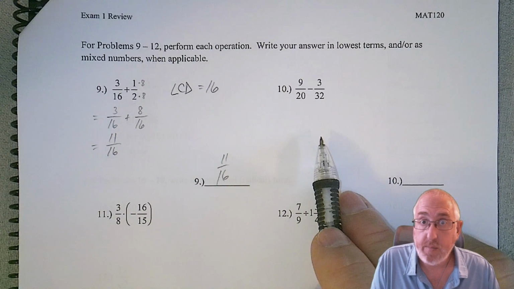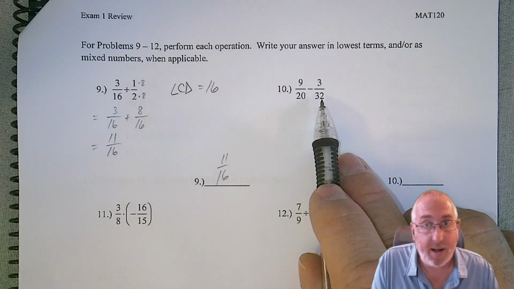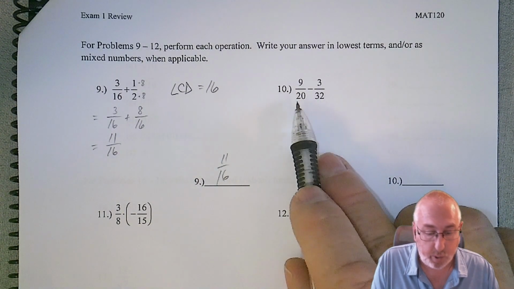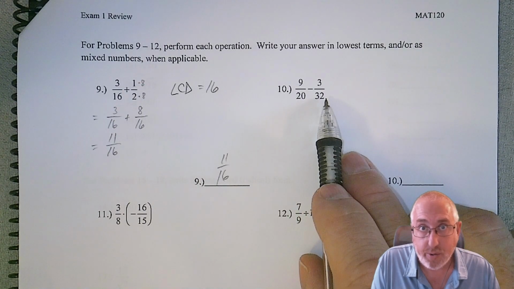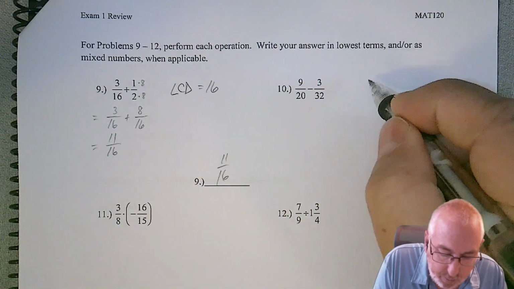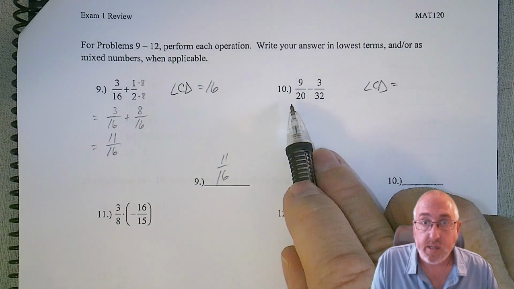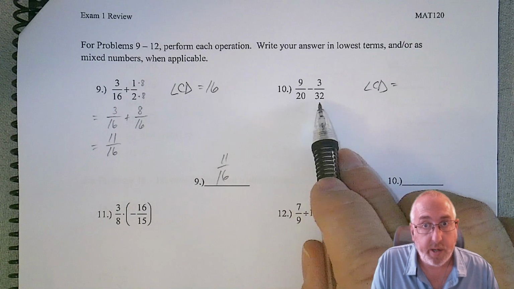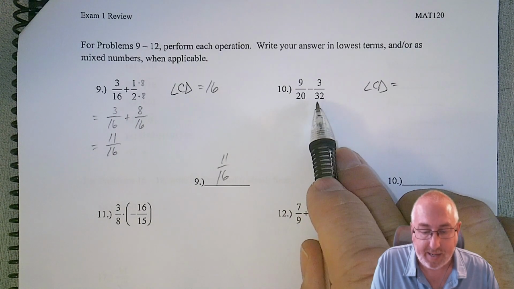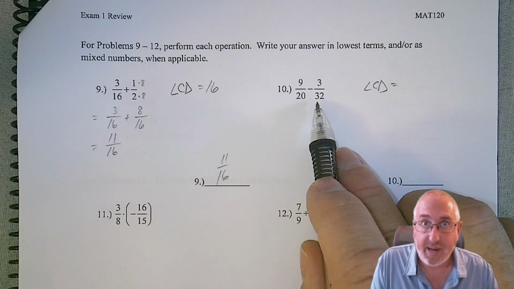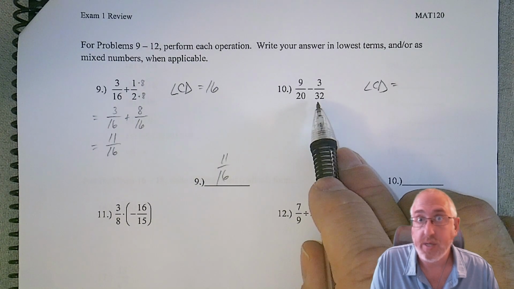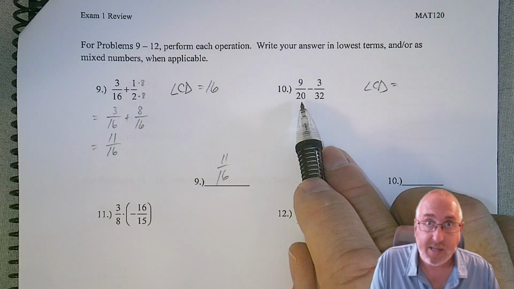Now, for something like number 10, the denominators are not nice because 20 does not go evenly into 32. So when we find our LCD, we have to do a little bit more thinking. The trick is, we know 20 doesn't go into 32, so the next step is to look at the next multiple of 32, which would be 64, and ask the same question.